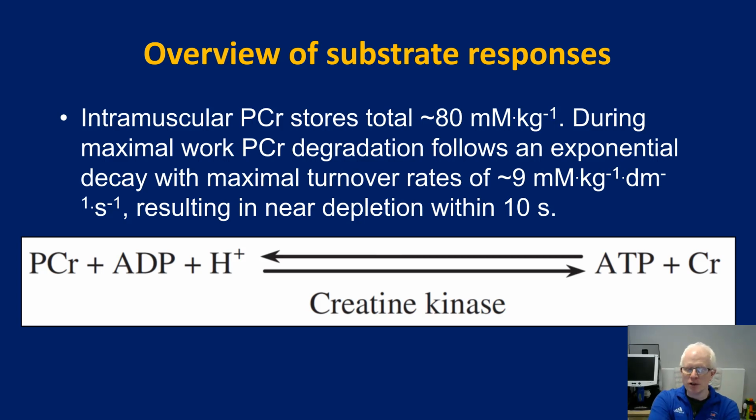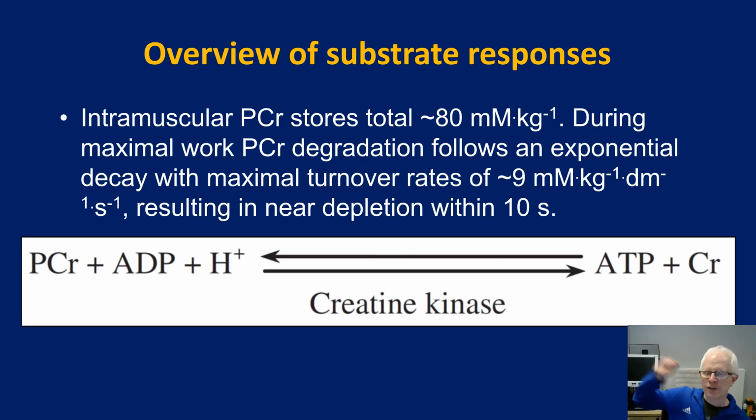And what that does is it gives us ATP. So we take a phosphate molecule from PCr. The fundamental thing here is to understand that it's not a case of simply donating one. The phosphocreatine pool has lots and lots of phosphate molecules attached to it, so we're cleaving a phosphate molecule each time.